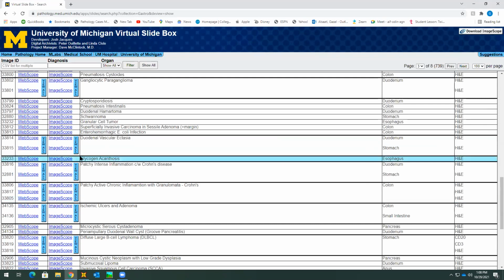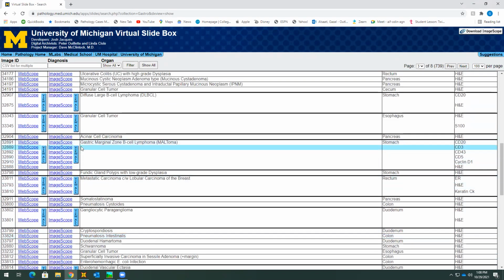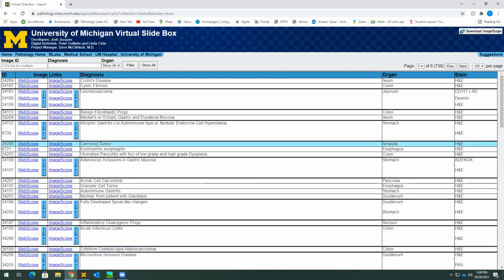Last thing, I think we did the pneumatosis intestinalis. For those who are following on the screen, otherwise, if you're opening your own virtual box, it's on page 3 after we go to the GI slides.